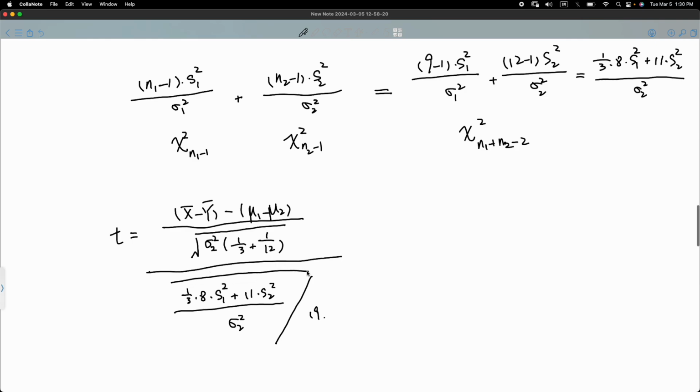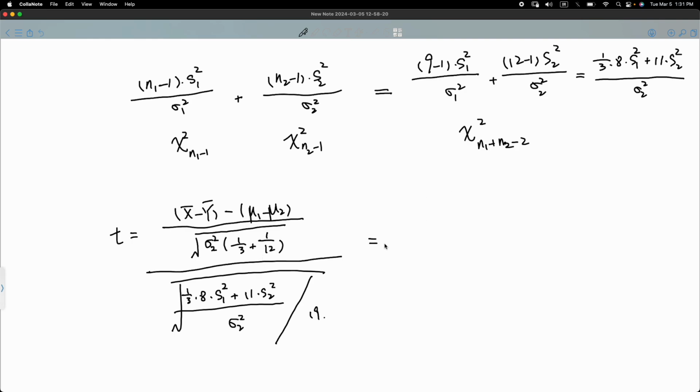Okay, so from here we are able to cancel out the sigma 2 squared here, leaving all the remaining components that can be evaluated from the data. So that would be the reason.